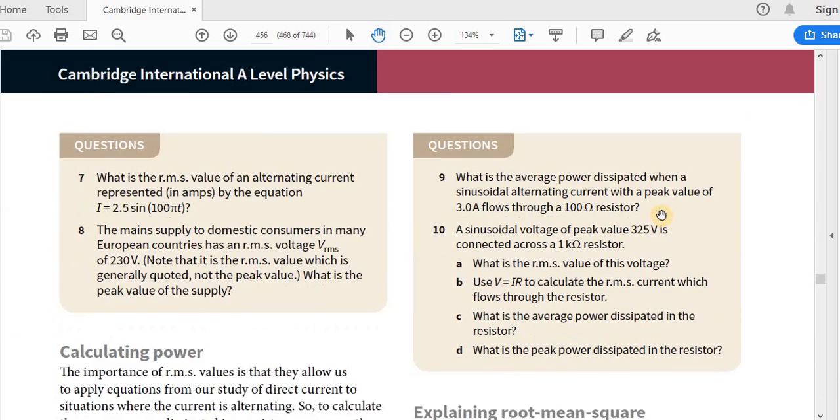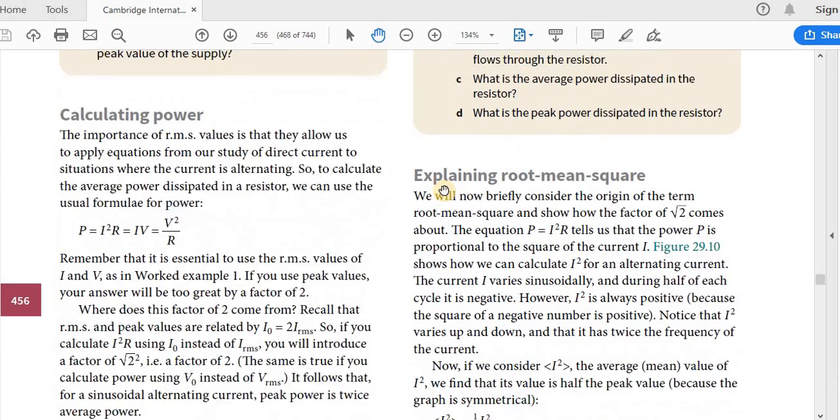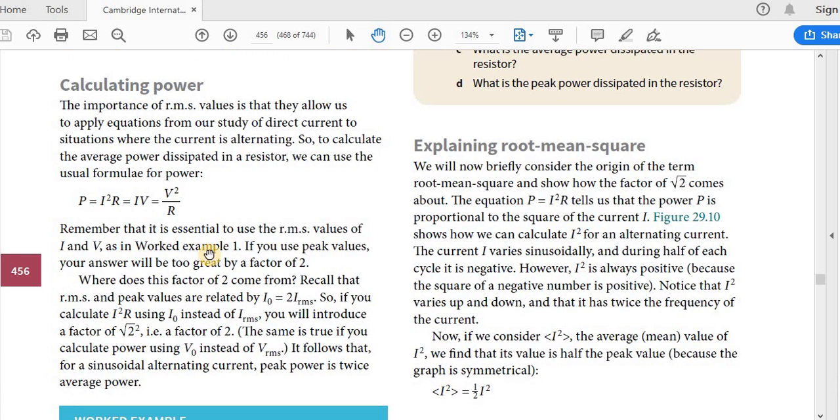Okay, so again, make sure you answer all these questions. We have already seen these equations in the O-level class also. I think you have learned them. Remember this, you first had the equation P equals VI, and we had V equals IR. Using P equals VI and V equals IR, we got these other two equations.